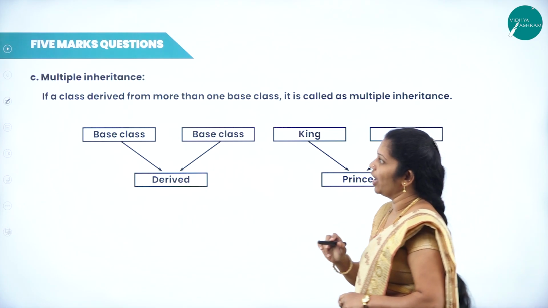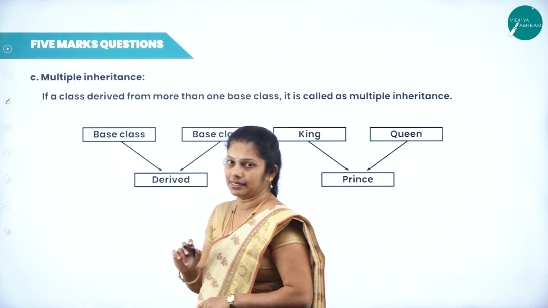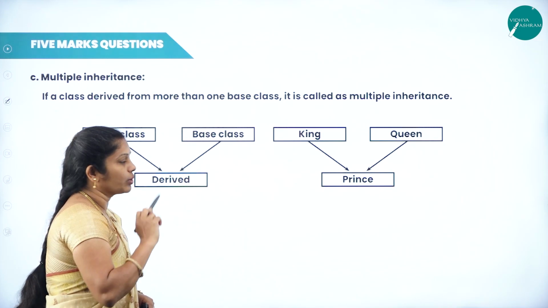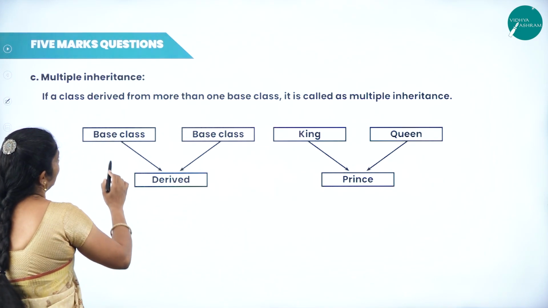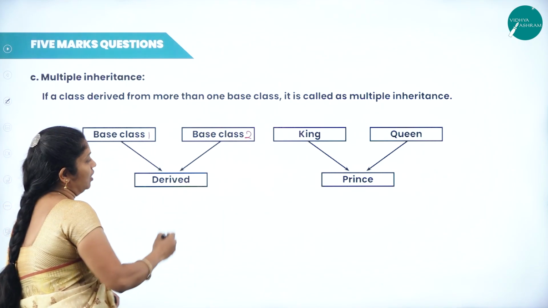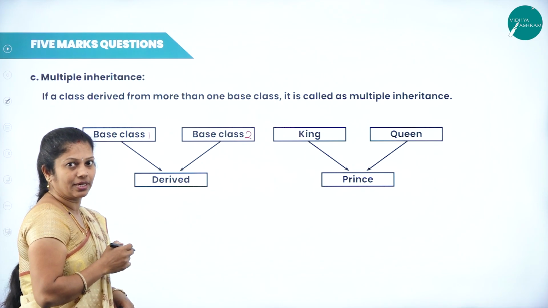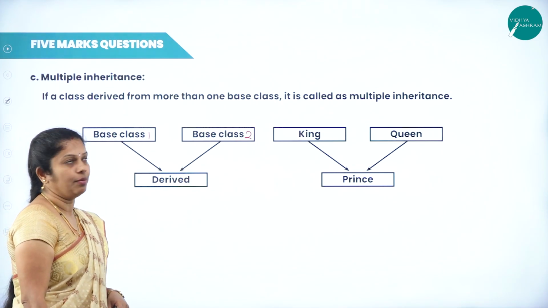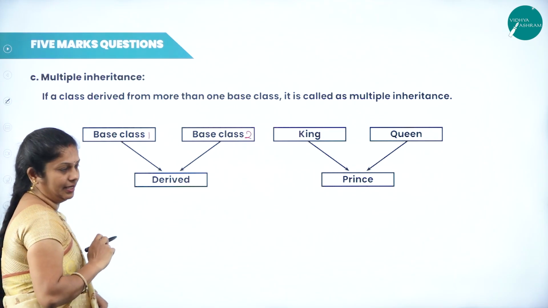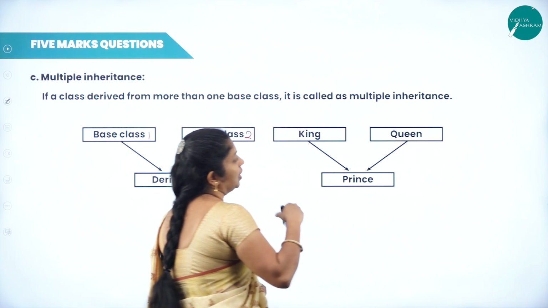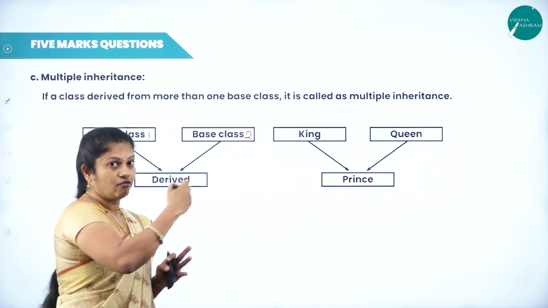Next one, we have multiple inheritance. The name itself suggests multiple, which means more than one base class here. Consider we have base class 1, and this is base class 2. From this we have one more derived class. That means this is derived from two base classes, then it can be called multiple inheritance. For example, king, queen, princess.